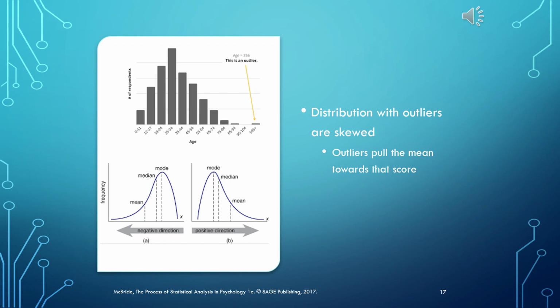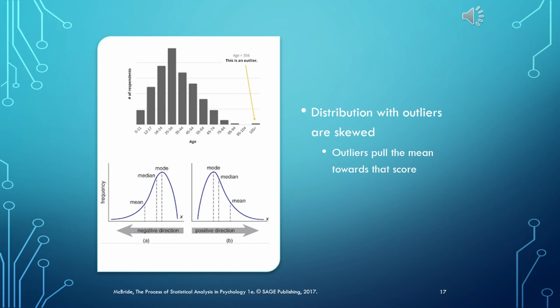Which they probably meant to say 35 or 36, but somebody accidentally entered into this distribution of age that their age was 356, and that's going to take the mean age and pull it way to the right. And so instead of, the mean should have been maybe around like 35 or something like that, now it might be something like 39 or 45, and it gets really pulled out.